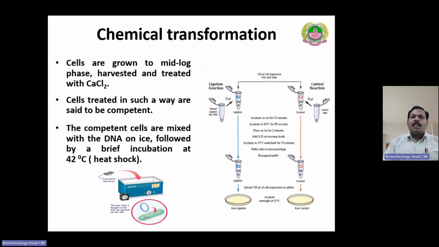This is normally done by adding a rich medium, LB medium or SOC medium, which will allow quicker multiplication of the recombinant DNA in the host cells, and subsequently they can be put for screening in an appropriate antibiotic selection system.